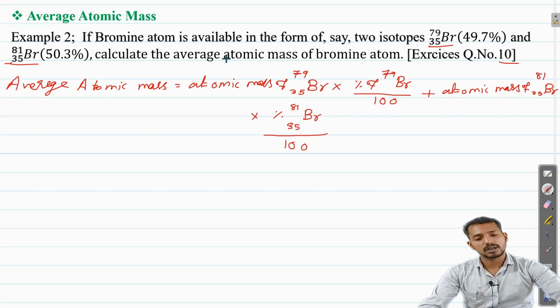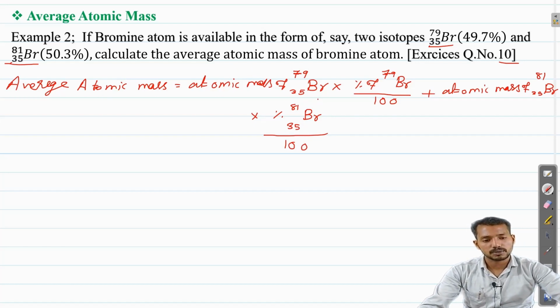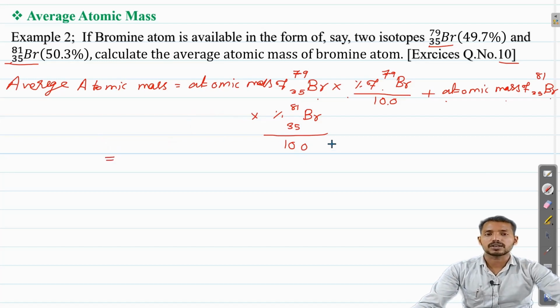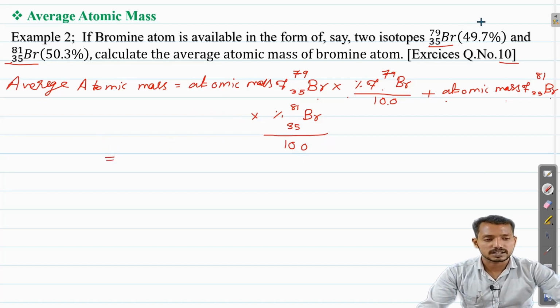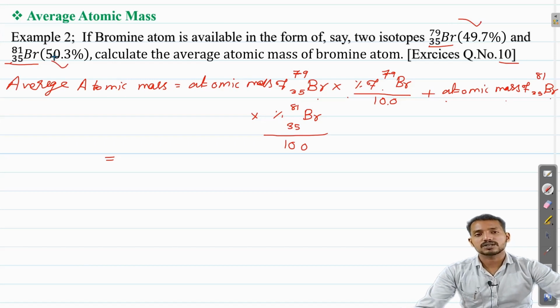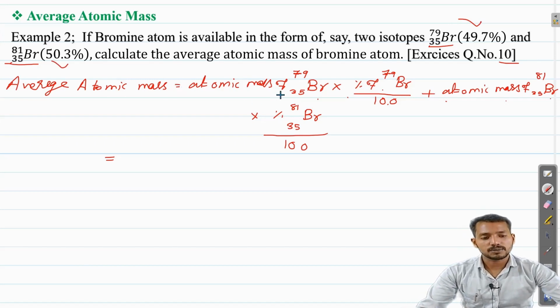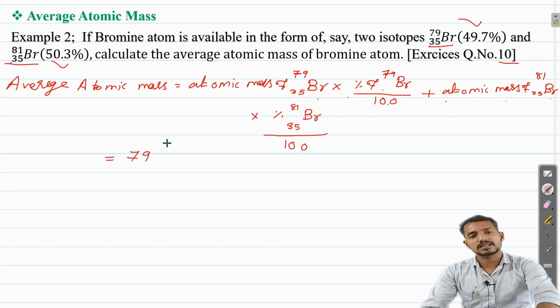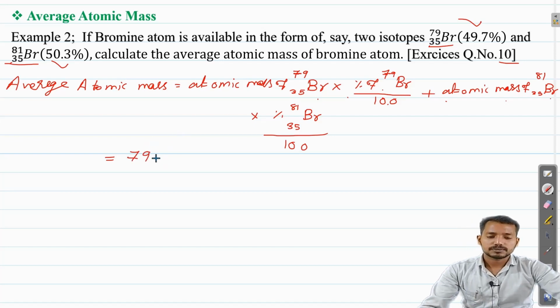This is the formula we have. Atomic mass of the first isotope into its percentage divided by 100, plus the atomic mass of the second one into its percentage divided by 100. We have to do it like this because here the percentage is given instead of the ratio. Clear? So the atomic mass of Br-79 is 79, because we just write the mass number as the atomic mass, okay?